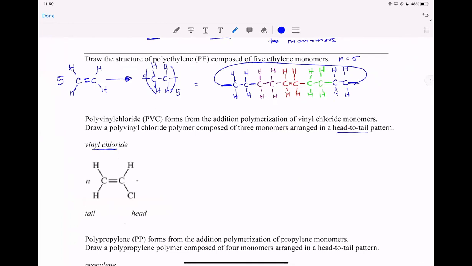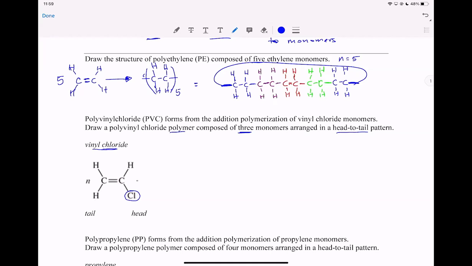So this is fine: if I put this one, the chlorine, as the head, then you can decide that the other could be the tail. It doesn't matter as long as you make an assignment in the first place, because when you have a non-symmetrical monomer, when it's not the same on both sides, you need to decide which side is which. And you want the polymer to be made out of 3 monomers.